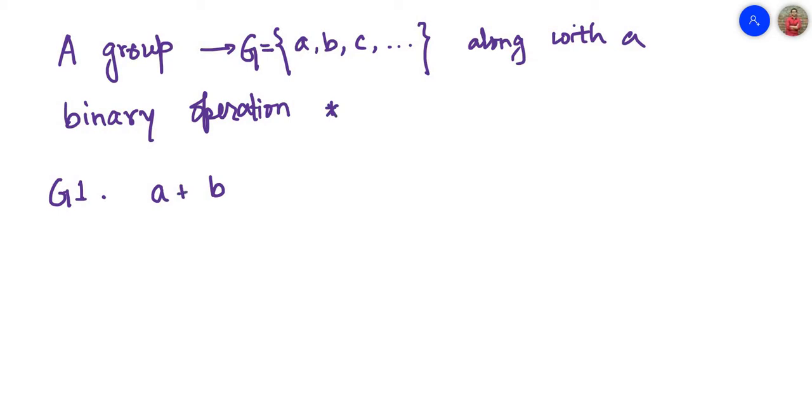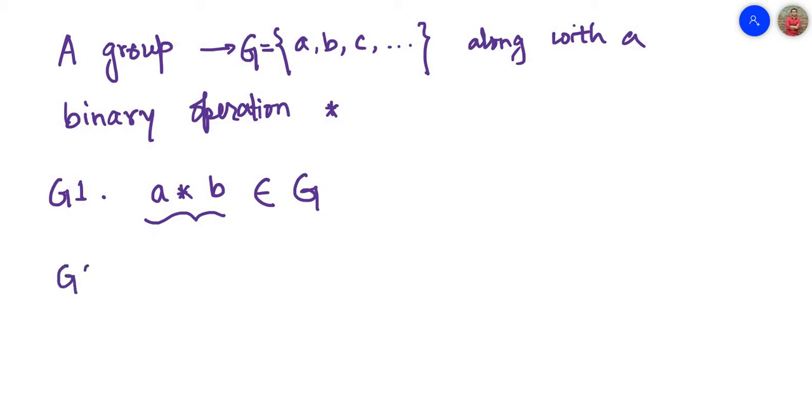So A star B denotes two elements of G acted upon by this binary operation. This new product will be a member of the same set. So that's our number one condition.